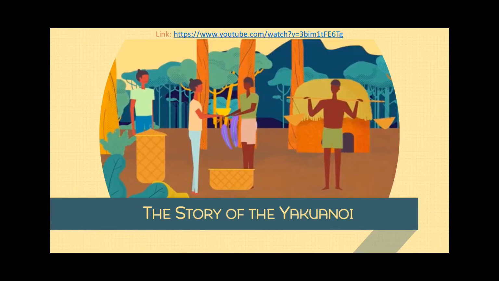What happened after is that some scientists got a hold of the products that they were creating amongst the indigenous groups. They studied the Yakuanoy formula of creating the skincare product, and they patented it.